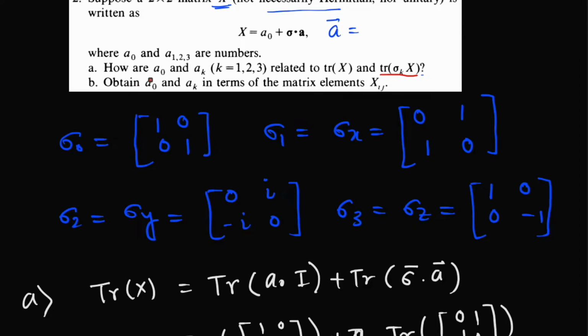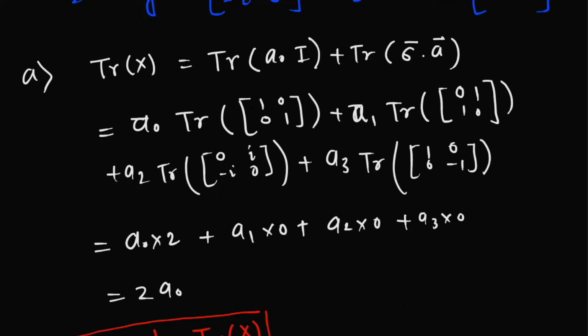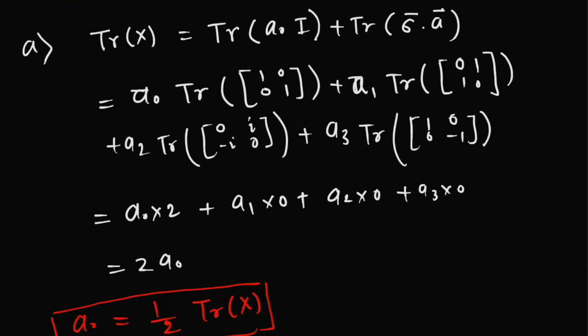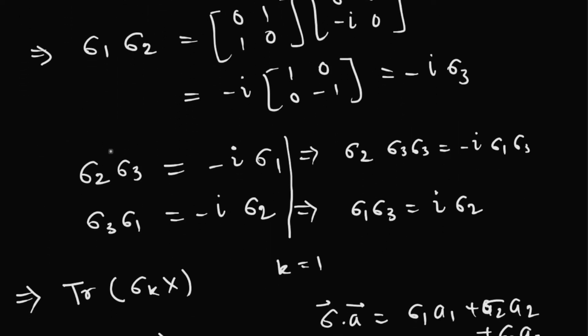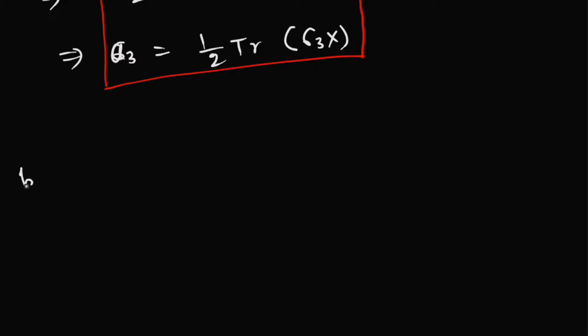Now here it is asked, obtain a0 and ak in terms of the matrix element xij. Let us do that. What is now part B?